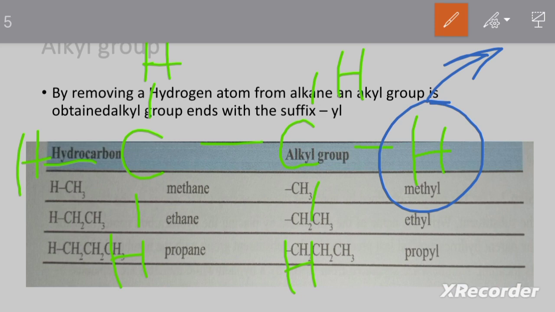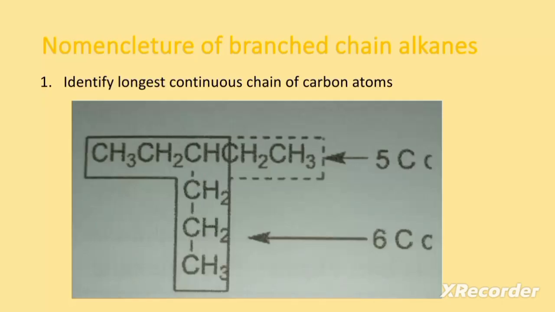Without drawing these lines, I can write this like this: C and 3 hydrogen, CH3, and here C and 2 hydrogen, CH2. So this is the ethyl group. Okay, now we will begin the nomenclature of branched chain alkanes.